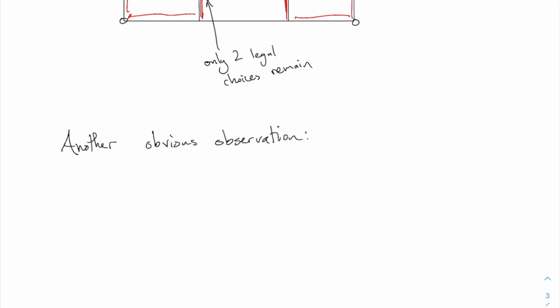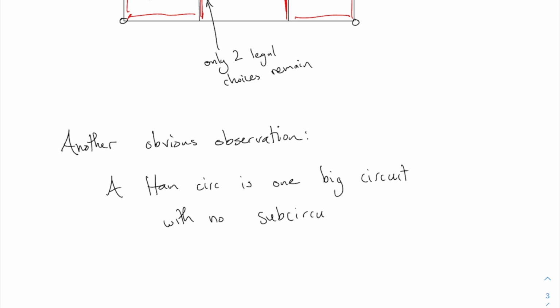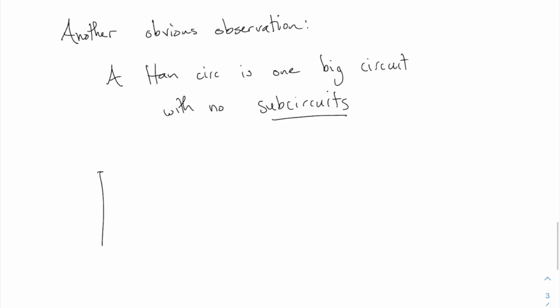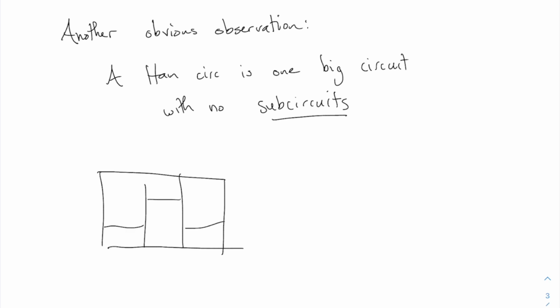Another obvious observation is a Hamilton circuit is one big circuit with no sub-circuits. What I mean by no sub-circuits is, like the example we just did, looked like this.